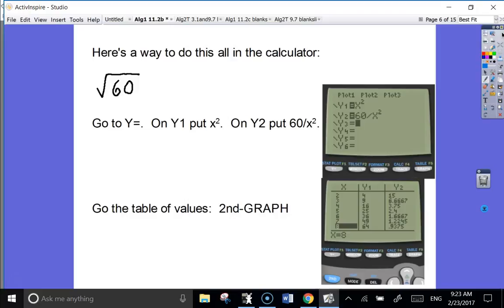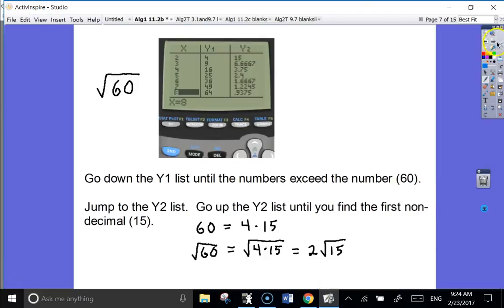Adam, you good? Everybody over here got it? Lisa? You put x2. You didn't put x squared. So you got to go there. Delete. Oh, x squared.